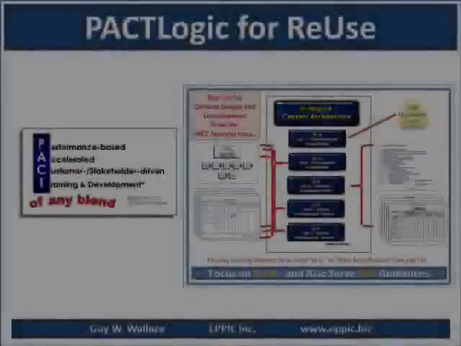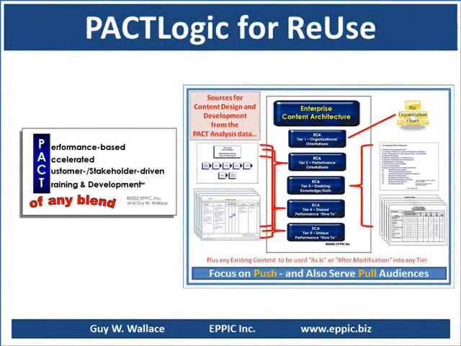The PACT logic requires an enterprise content architecture logic as well. This ties both to the organization as it is, perhaps a functional orientation versus a process orientation, and is both functional oriented and process oriented.